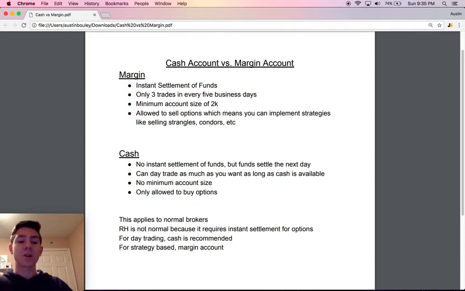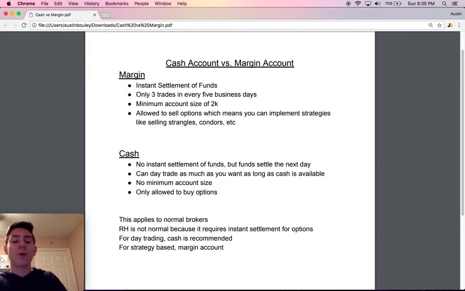For a cash account, as long as you have funds, basically if you split up your funds 50-50, so let's say I have $1,000, we should not be going all in on options positions first off. But let's say you have $1,000, 50-50, you trade $500 one day and $500 the next day, and then you'll have no problems trading that $500 over and over because it's going to settle the next day.